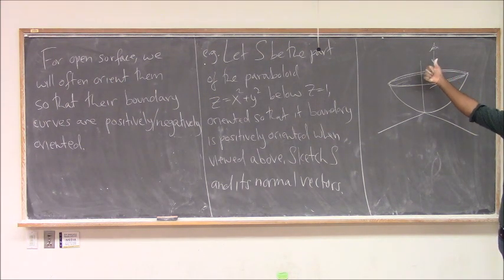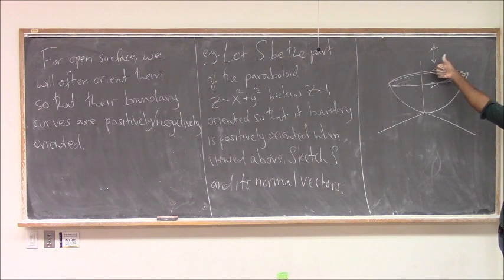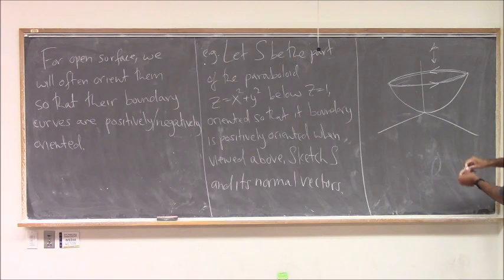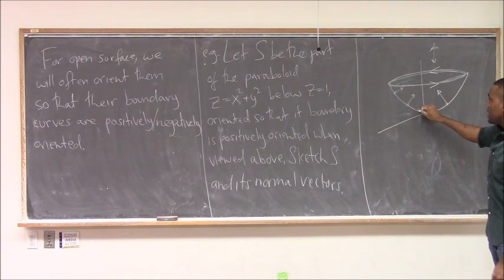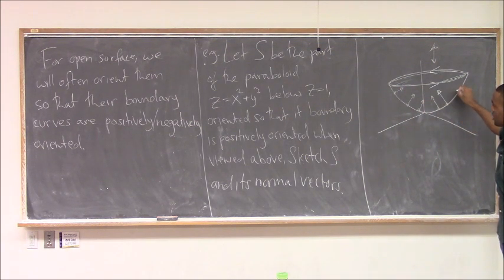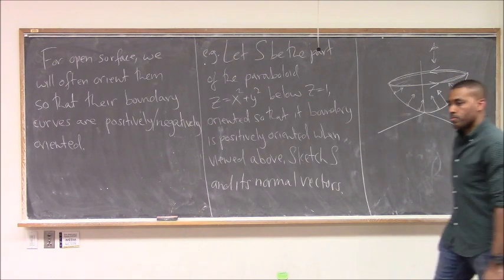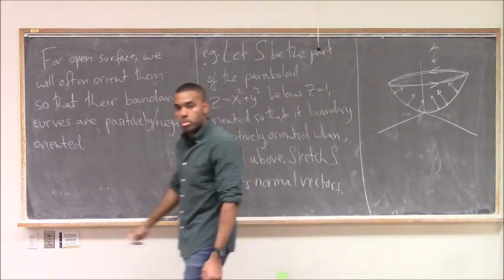And it has to be your right hand, okay? So my fingers are going in that direction and I stick my thumb up, which means my normal vectors need to point up. So the normal vectors on this surface go that way. At any given point, they're pointing inside. Well, if it was closed, they would be pointing inside.